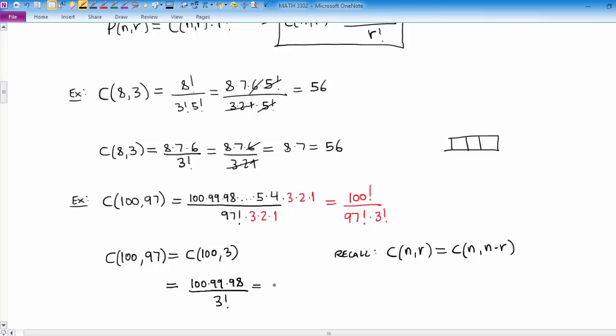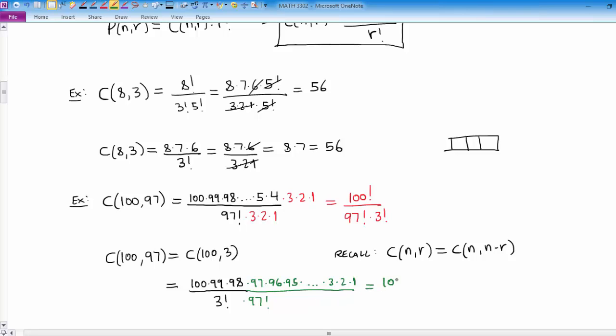So notice that this is actually the same as this one. If I complete the factorial here, if I put 97 times 96 times 95 all the way to 3 times 2 times 1, then notice that these factors that I added represent 97 factorial.